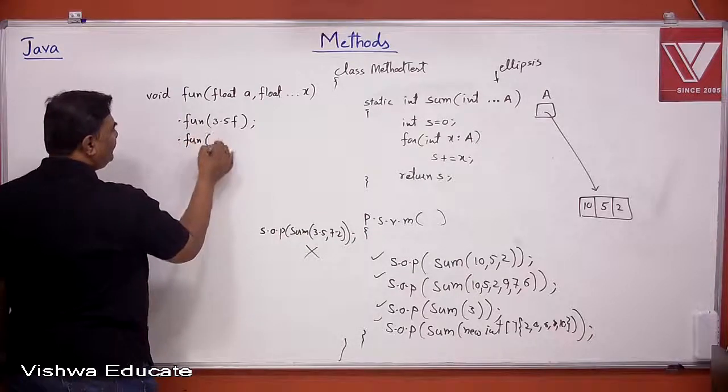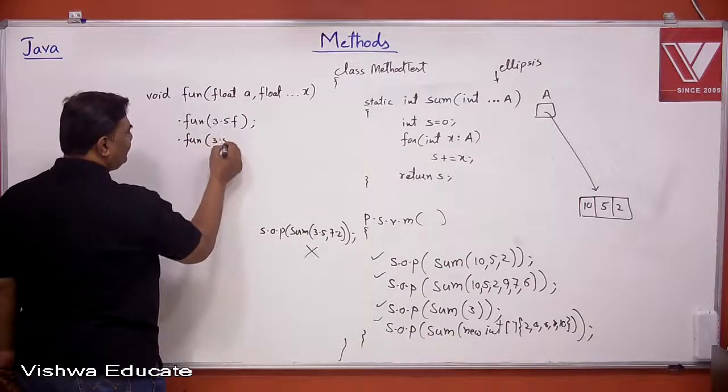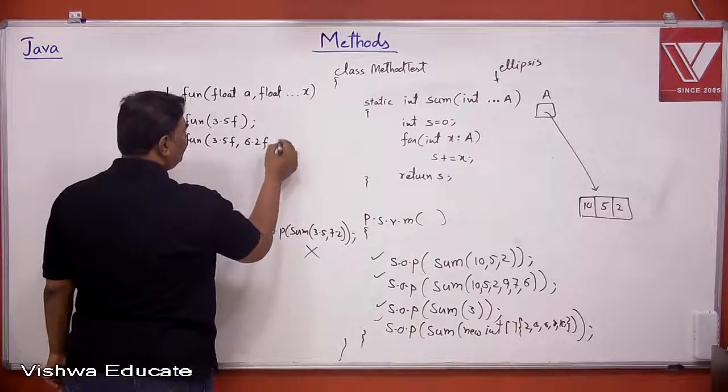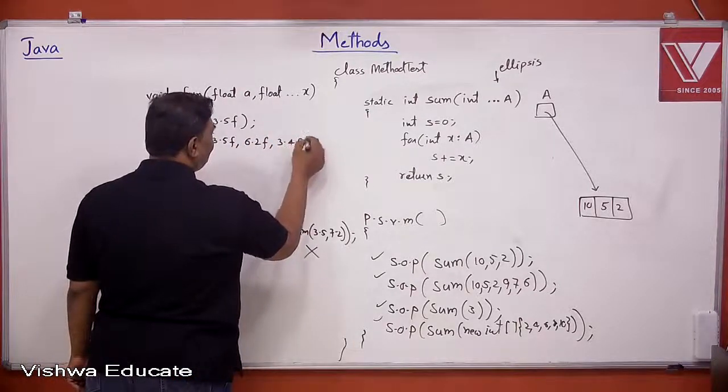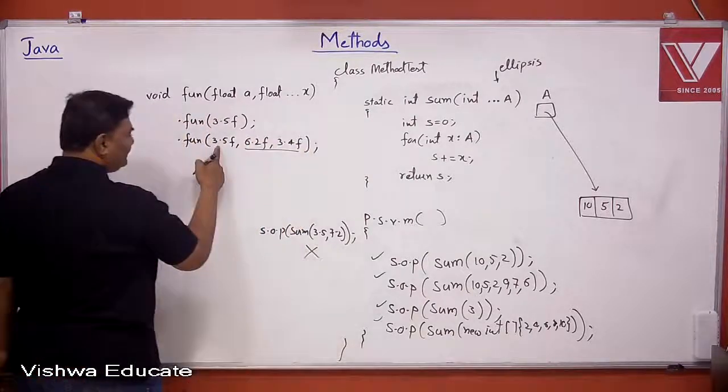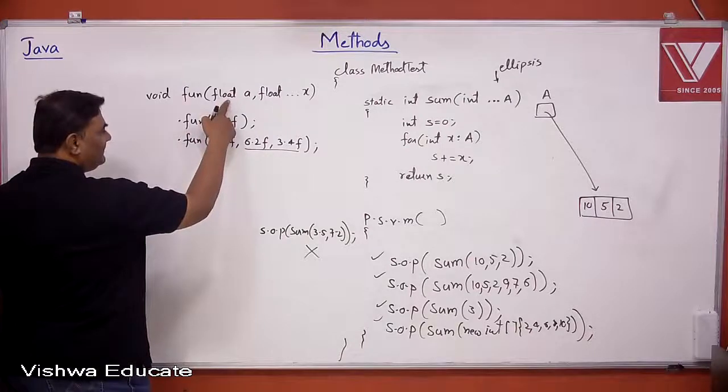You can pass one float 3.5f and 6.2f, 3.4f. So these two will be taken in this array and this is taken in a.